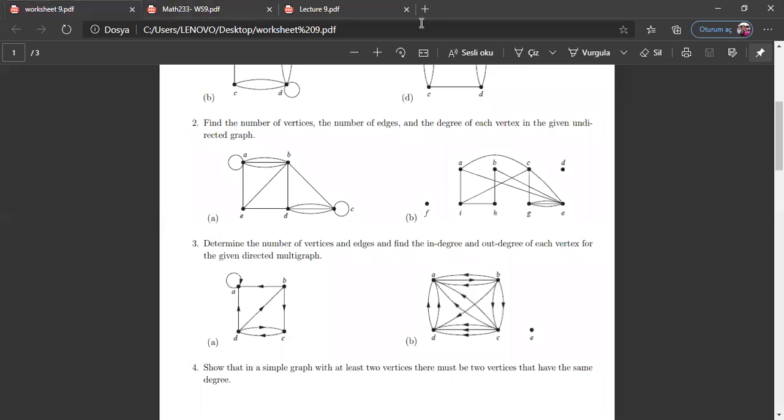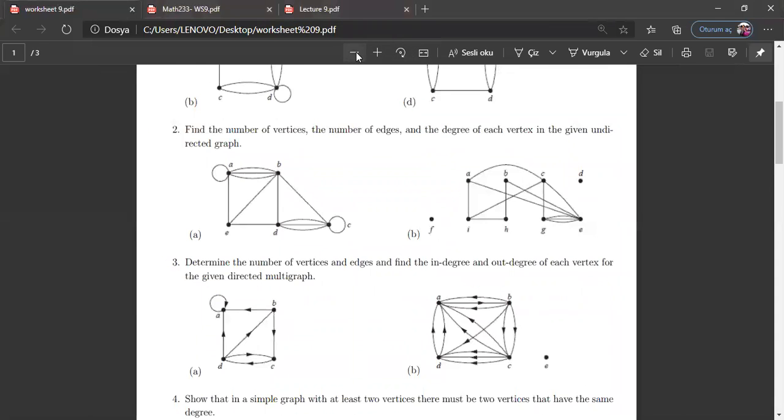Let's start. So here we have 1, 2, 3, 4, 5, 6, 7, 8, 9, 10, 11, 12, 13.